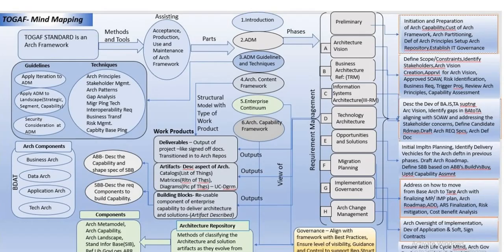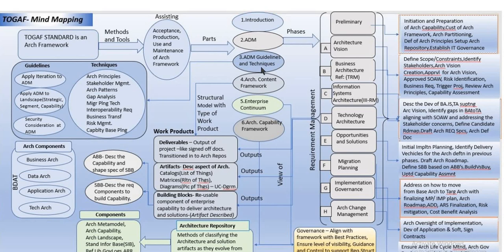Now come to the entire TOGAF mind mapping. It starts with the TOGAF standard, the architecture framework, where we decide the adoption methods, the production, use and maintenance of the architecture. Then the parts have been decided, as you can see here.